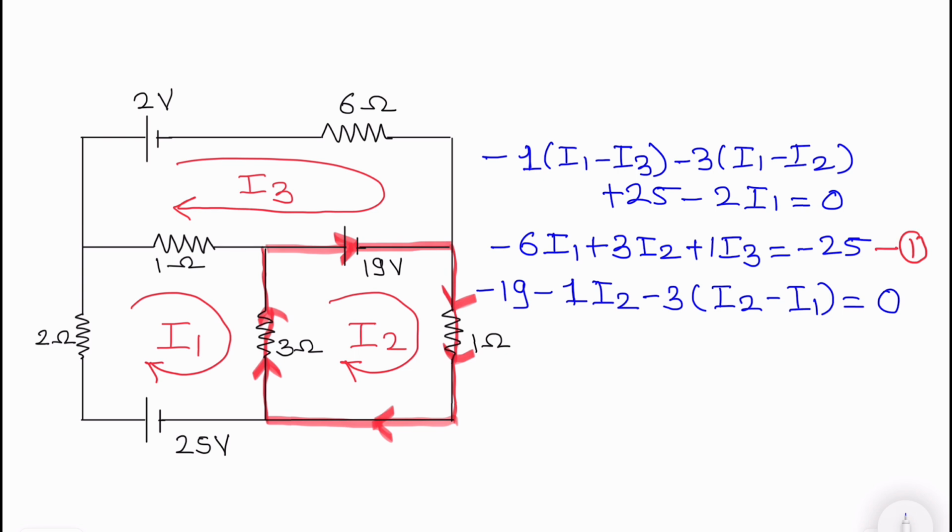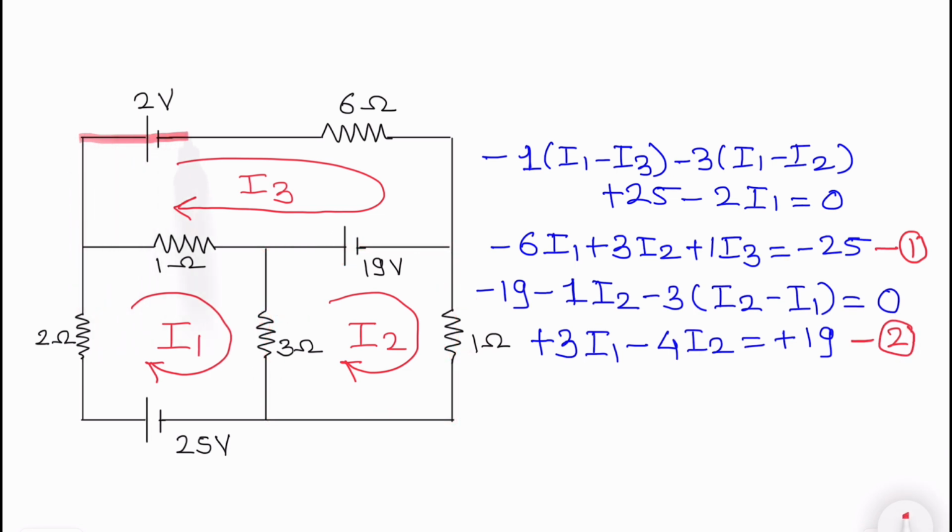Rearrange the equation. Plus 3 I1 minus 4 I2 is equal to plus 19. This is equation number 2.